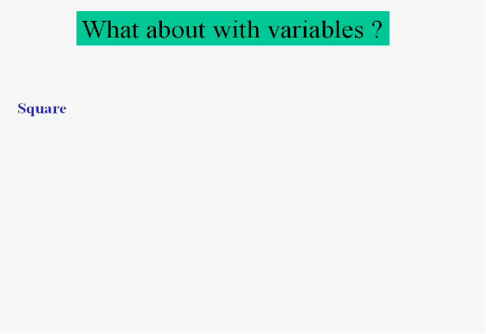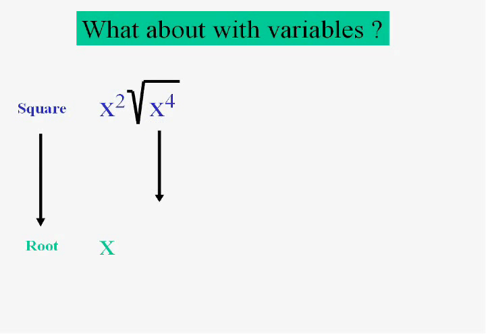Now, don't forget about radicals with variables also. The square root of x squared is x. The square root of x to the 4th is x squared. Remember about the square root of x to the 6th.